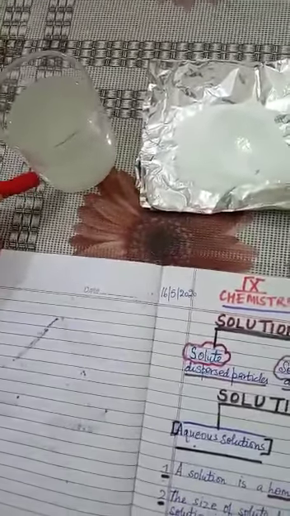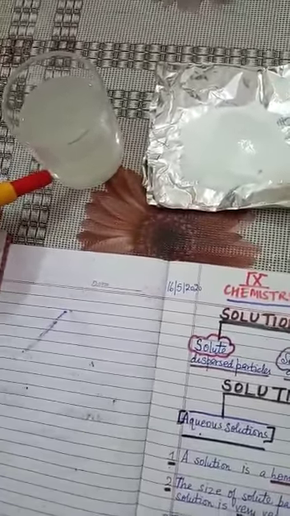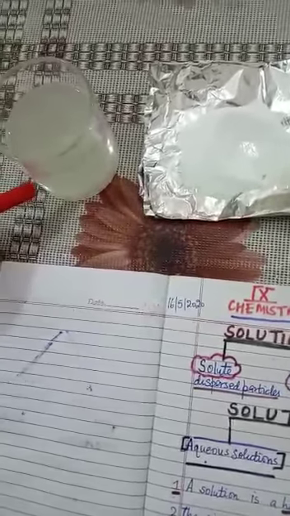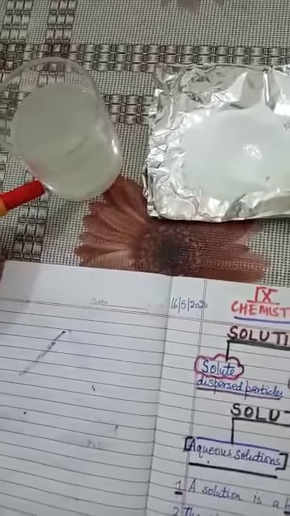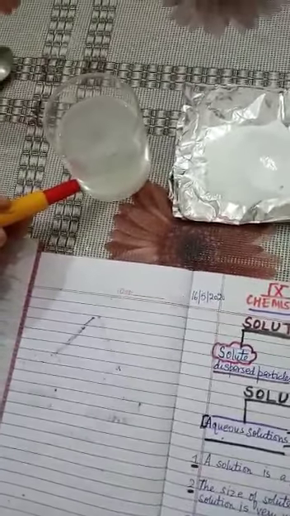We get a salt solution. Here the dissolved salt particles cannot be seen even with a microscope. Salt does not settle down even on keeping the solution for a long time. Thus the salt solution is a true solution.